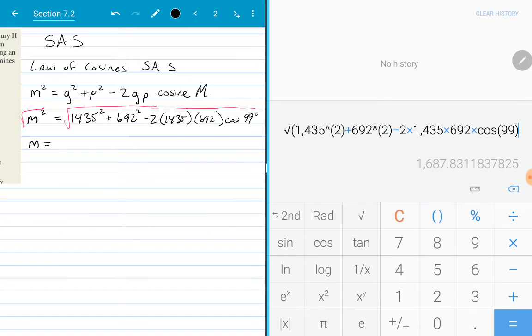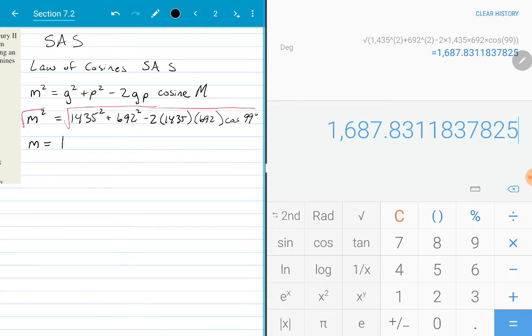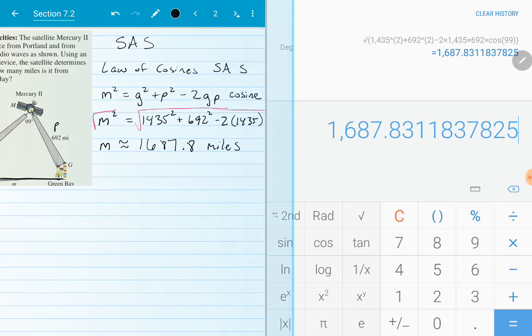Close the parenthesis for the cosine, and then for the radical. And that gives me that there is approximately 1,687.8 miles between Portland and Green Bay.